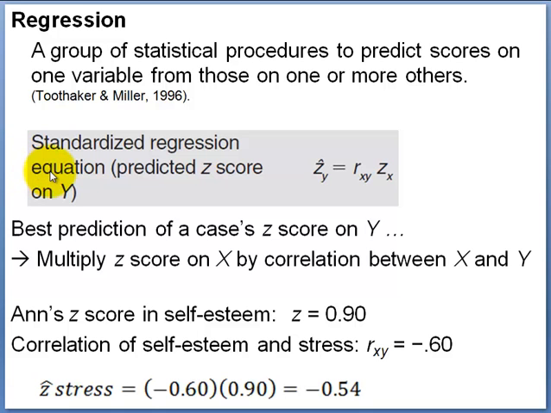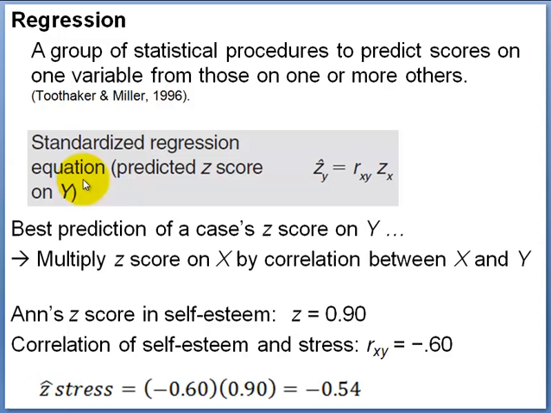So the idea is we know the z-score on x, and also we presume that we know the correlation between x and y. If we know the z-score on x, and the correlation of x and y, then for a given case, what is the best prediction of that case's z-score on y? The little caret or hat symbolizes a predicted value.